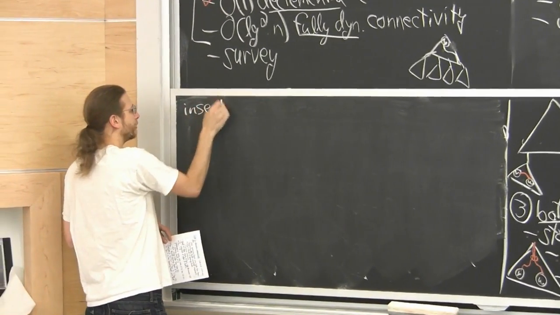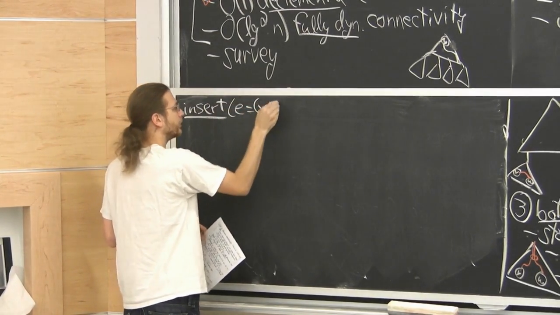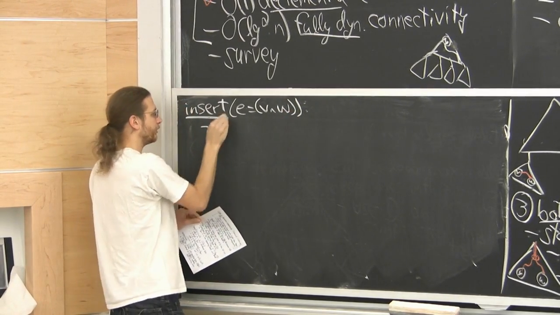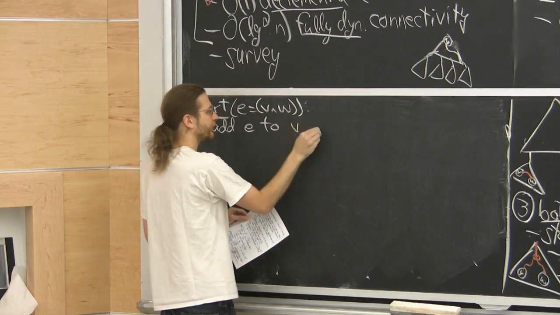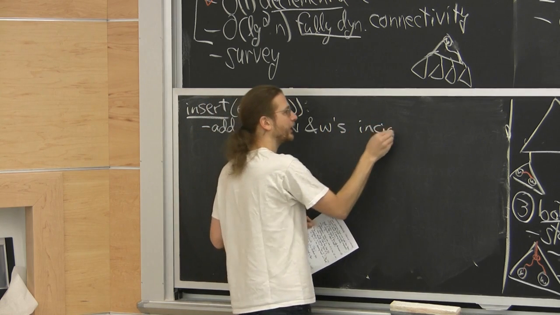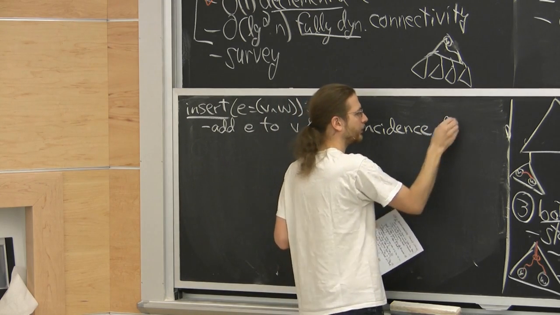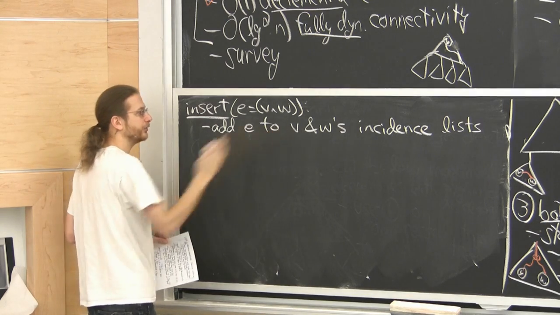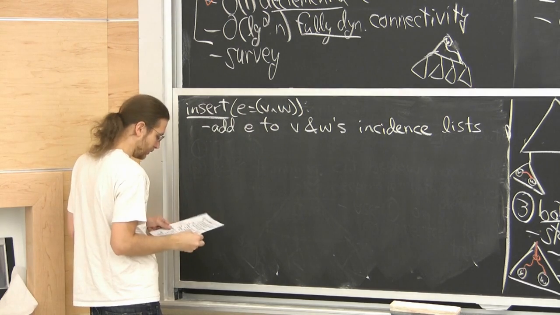Delete is really where the action is, but just to make sure we're on the same page, and to introduce a little bit of notation and say a little bit about what we do. We are going to store incidence lists, which is for every vertex, we have a list of the incident edges in like a linked list. Okay, so in constant time, we can add our edge to v and w's incidence list. That's not maintaining any order or anything special.